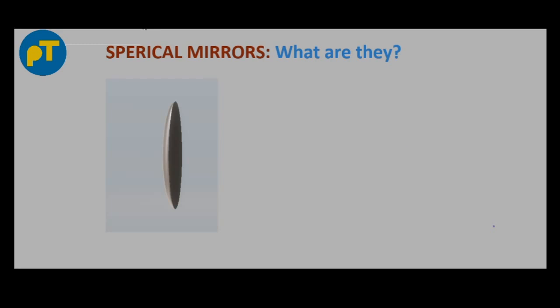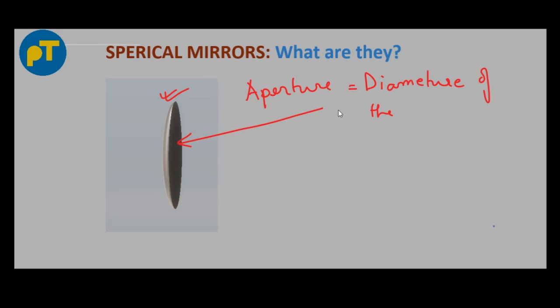Before we finish this video, I would like to introduce one more term, that is aperture. Aperture is basically the size of the mirror, the diameter of the spherical mirror.